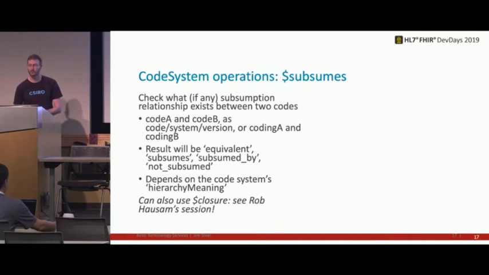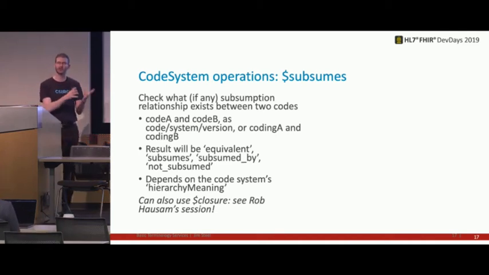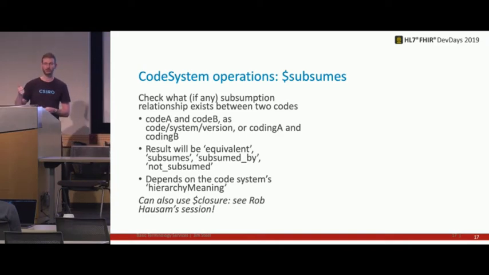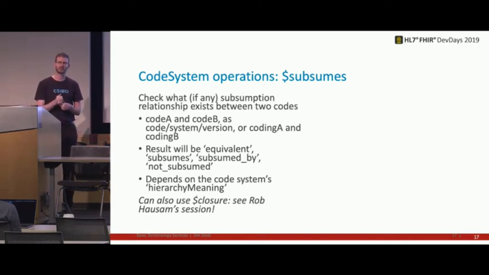So to use subsumes, we pass in a couple of parameters, code A and code B. And once again, we do that either as code system and version or with codings. And the result will tell us one of 4 things about the relationship between the codes. Either that they're equivalent, basically the same code. That seems like a really simple thing.